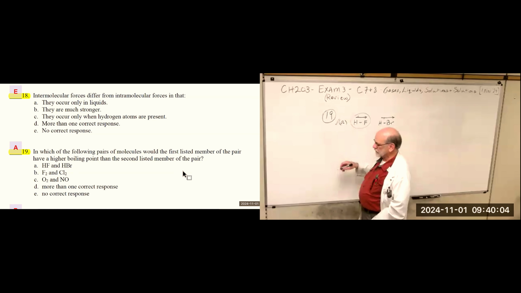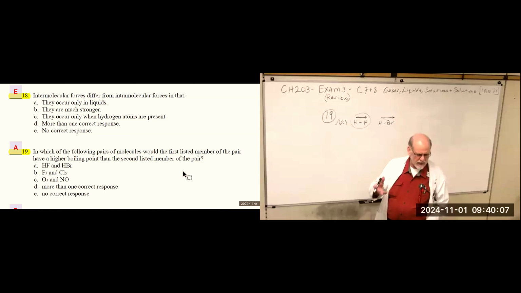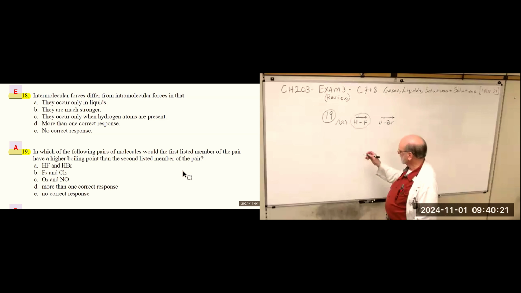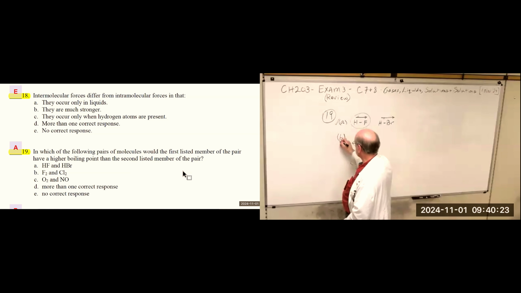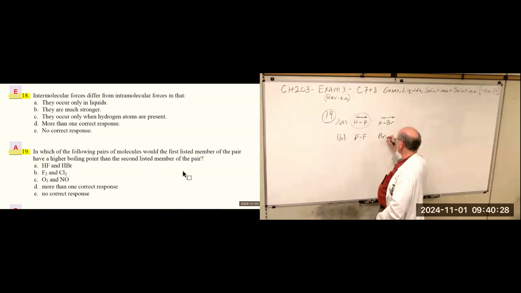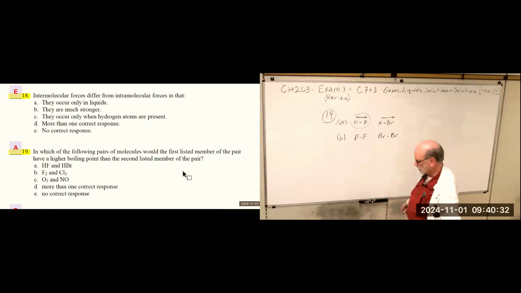So yeah, this one. If we look at the others, difluorine and dichlorine, those are both nonpolar. And actually, this would be a good point to make. If you're looking at that one compared to this one, no, chlorine, excuse me, chlorine.